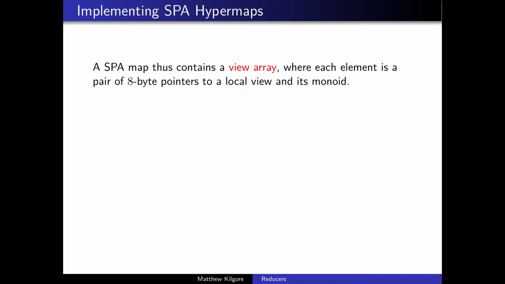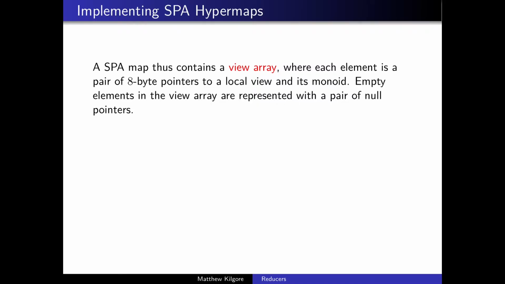But the key point is that in our implementation, a span map consists of a view array where each element is a pair of 8-byte pointers to a local view and the corresponding reducer's monoid. Empty elements are represented with a pair of null pointers.